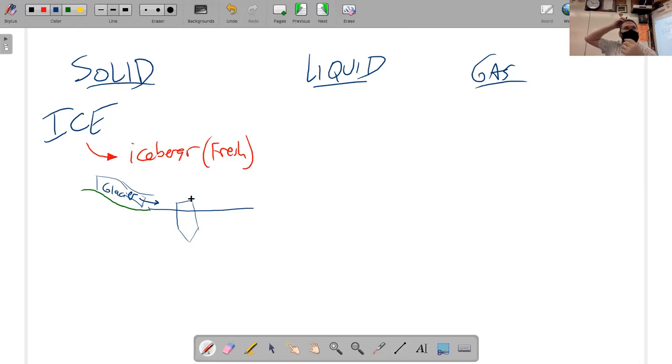There are places on Earth that have shortages of water, and there have been proposals to grab one of these icebergs and tow it to some desert region that needs water, since it's a bunch of fresh water. The Titanic hit an iceberg that was from a calved glacier. So that's a thing.